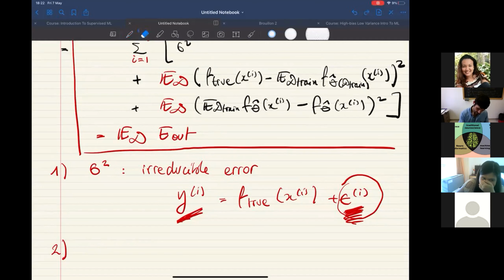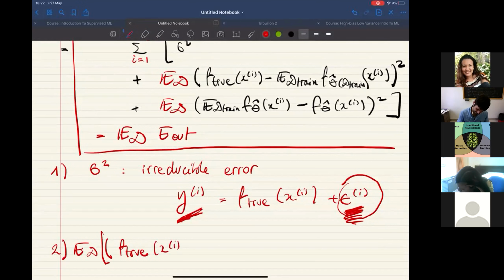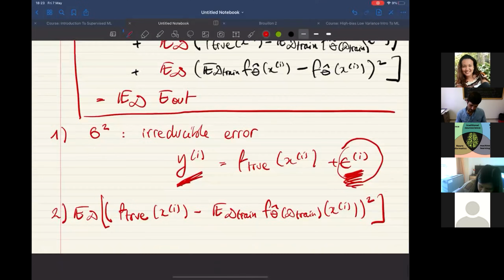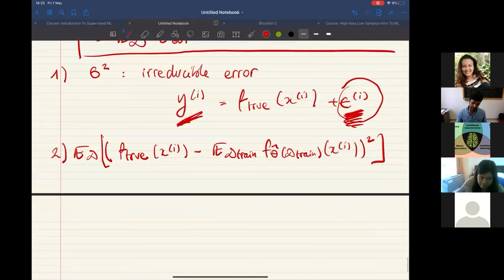Let me write it. Can someone guess whether this is the bias or the variance?